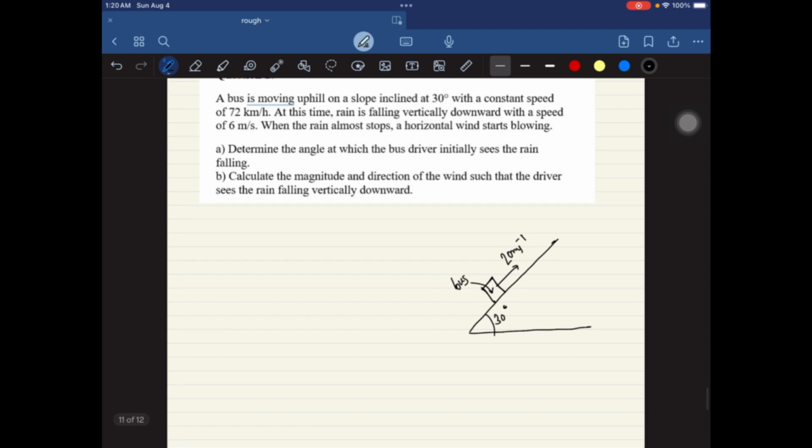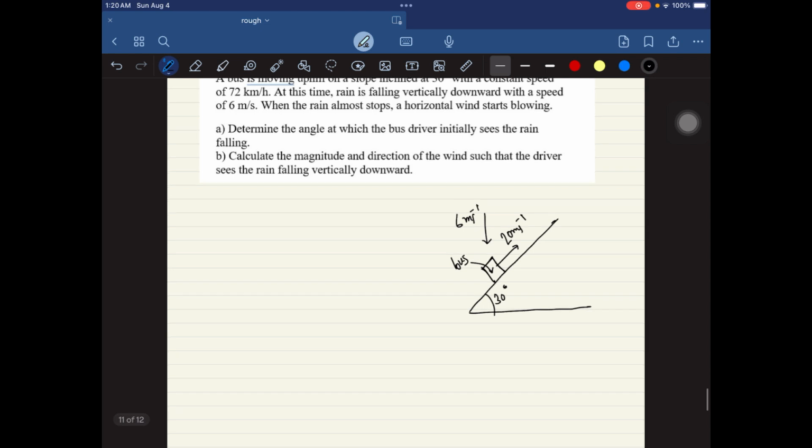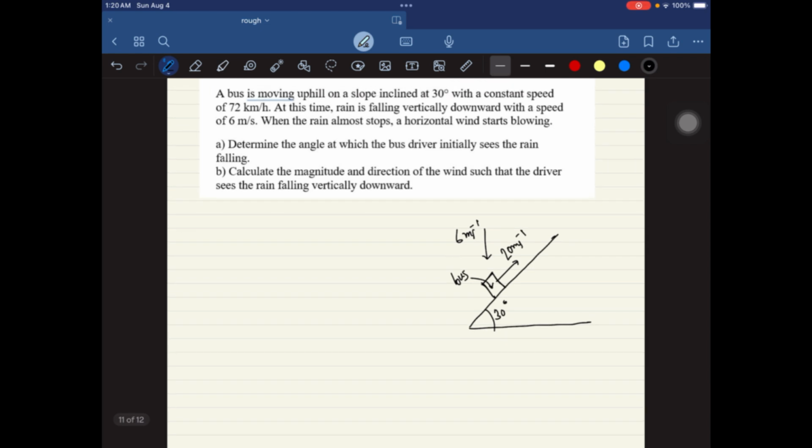Rain is falling vertically downward with a speed of 6 meters per second. Initially there is no wind, so the horizontal wind will not be applied in the first problem, part A.